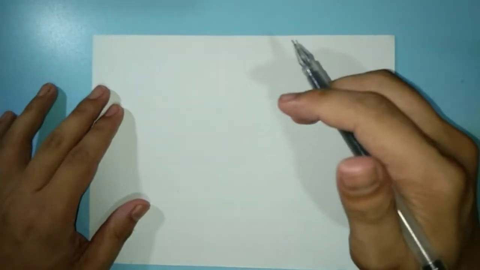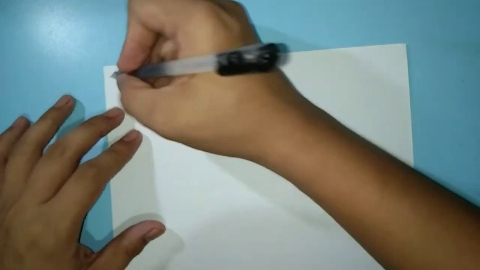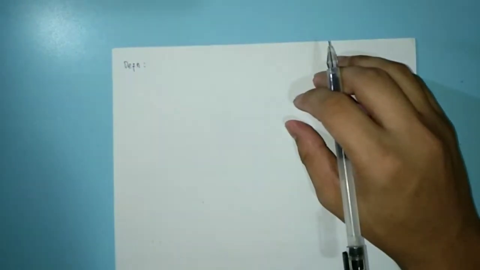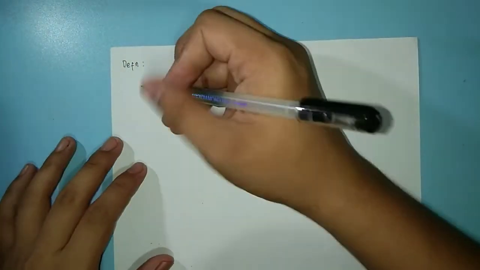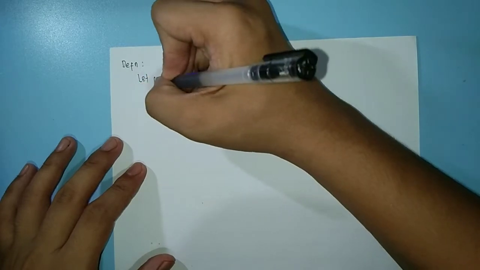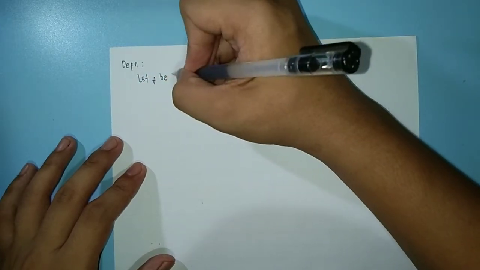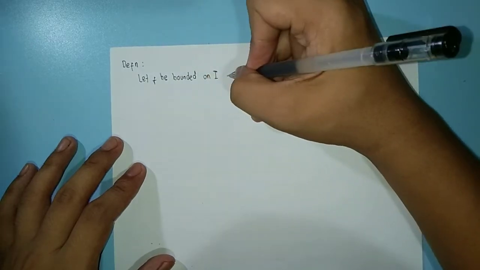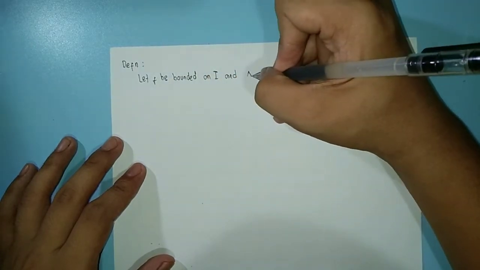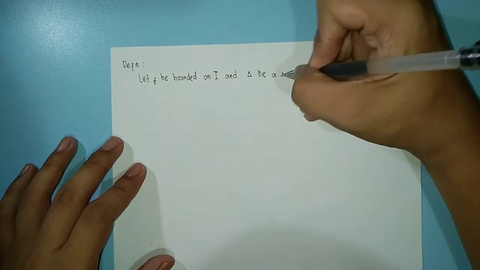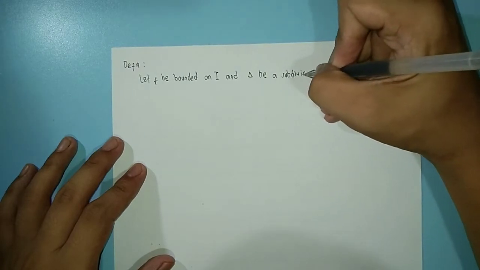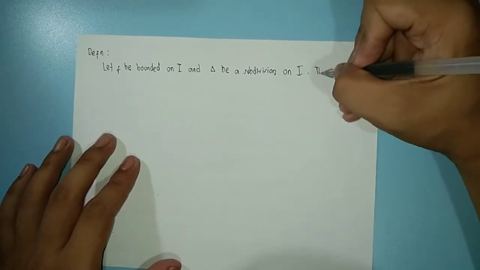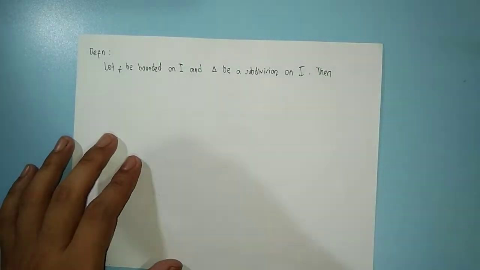Okay, for the definition of Darboux sum, so let f be bounded on I and let delta be a subdivision or partition on I. Then, so define muna natin yung lower Darboux sum.